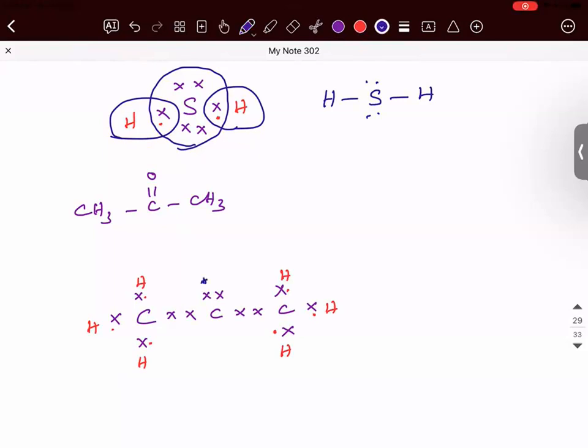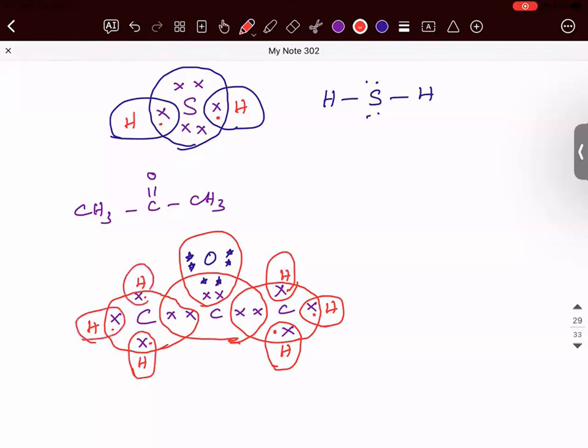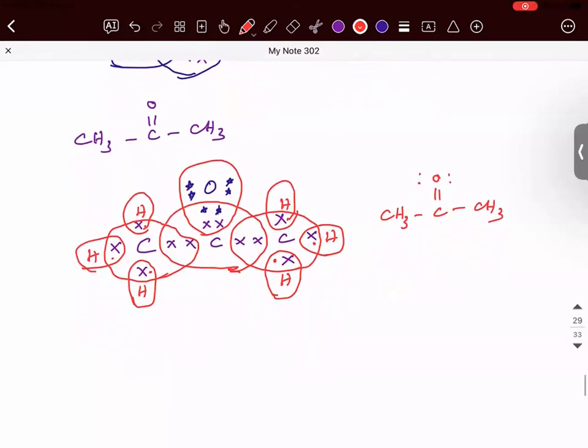Oxygen 6, sir. So it becomes CH3, C double bond O, CH3. Correct?